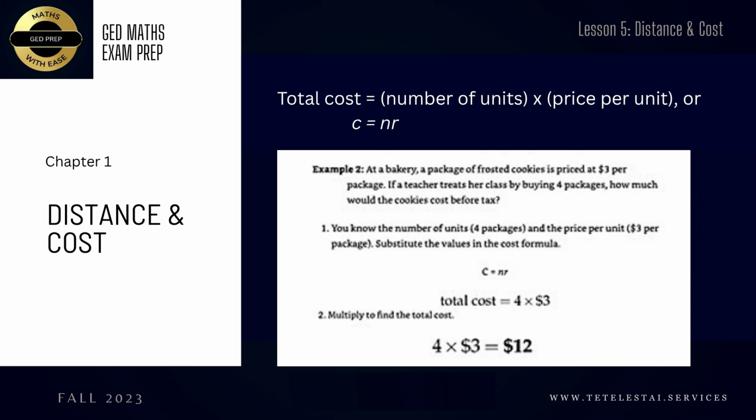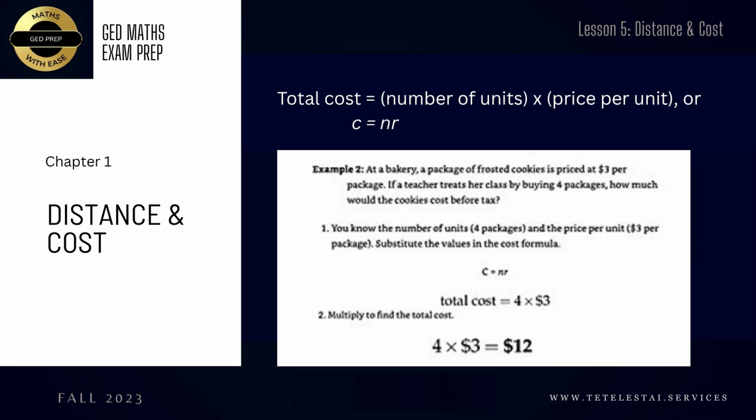So the formula for total cost is the number of units multiplied by the price of units, or C equals NR. Again, don't be intimidated by this. It's just telling you that the cost of your cookies is equal to the number of cookies that you have multiplied by the price per unit.